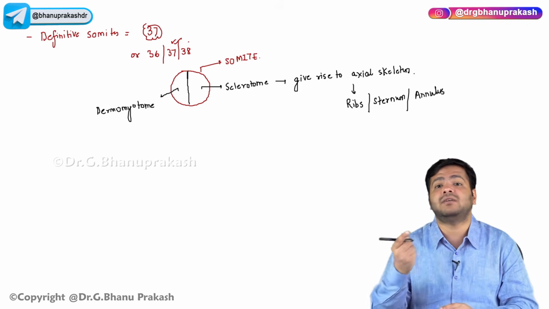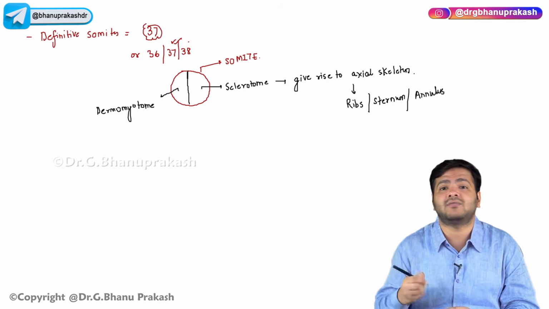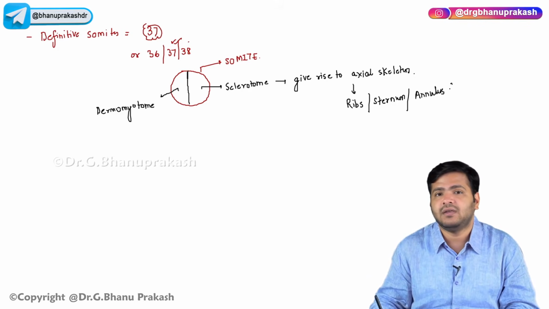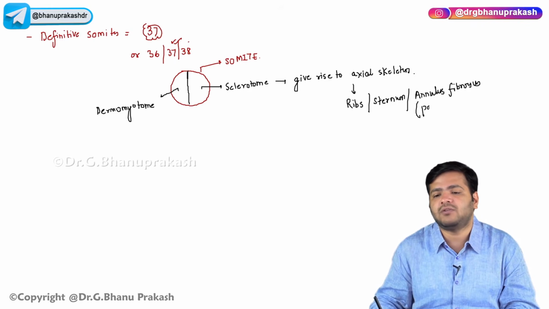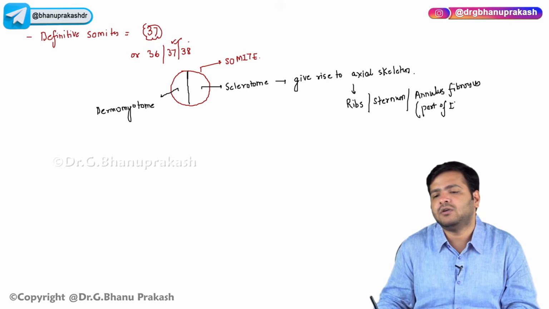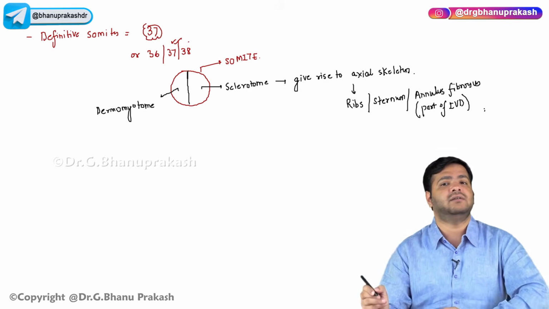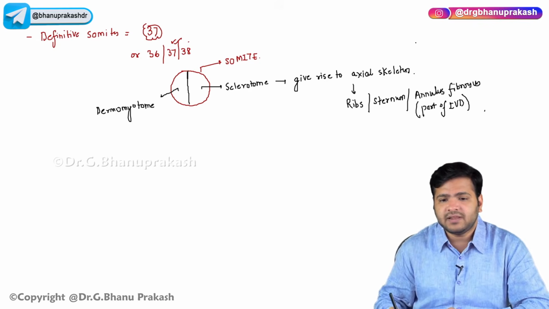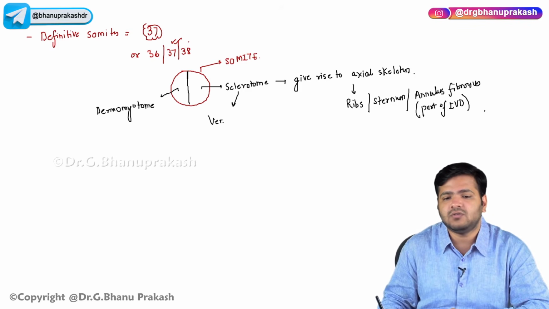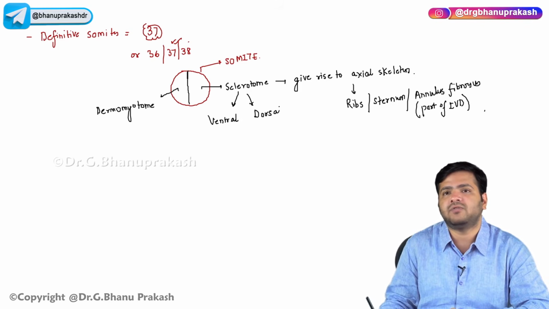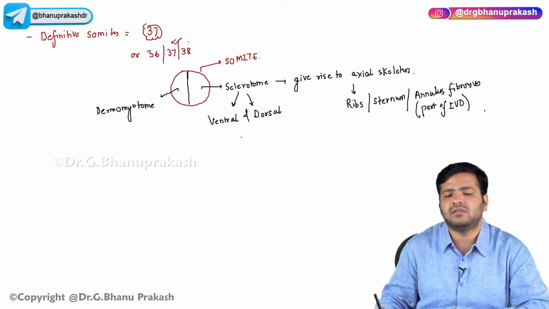I told you, the outermost part of the intervertebral disc is called the annulus fibrosus, the peripheral part. So it is part of the intervertebral disc, right? Now this sclerotome is divided further into ventral and dorsal sclerotome, right?